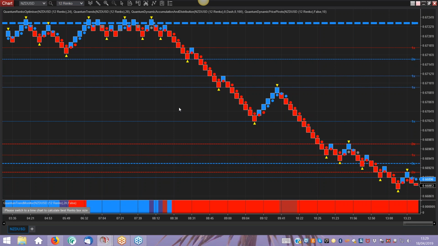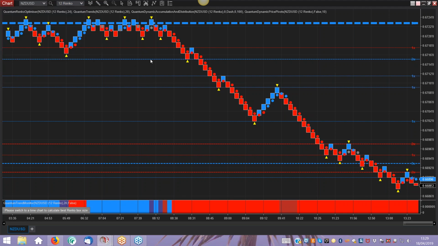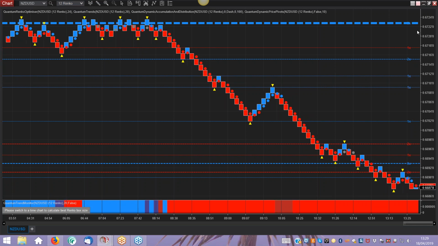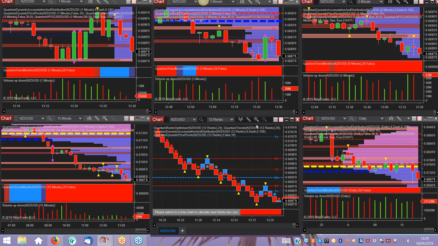So you're always trading at the momentum of the market when you choose the optimal setting, and that will vary from pair to pair and from session to session, which is why we developed it. It's the Renko optimizer, and you just simply select it up here on the time frame. You select a 1 minute or 2 minute. I've got this on 1 minute at the moment, and it's telling me that we're running a 12 Renko, in other words, a 1.2 pip size for this particular currency pair at this particular point.